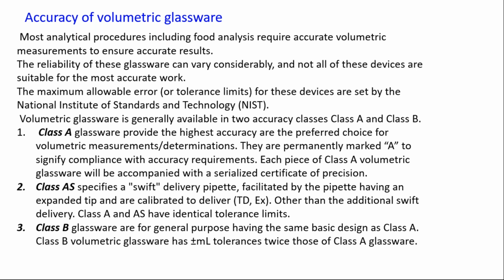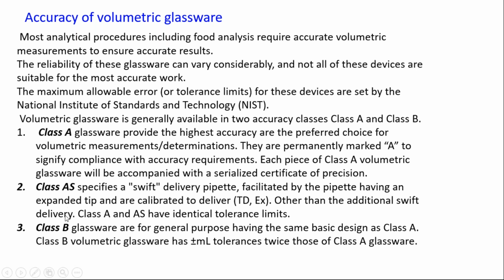The maximum allowable error for volumetric glassware is set by the National Institute of Standards and Technology, USA. So we have class A glassware and class B glassware. It is expected that for all high accuracy experiments and analytical measurements you use only class A glassware.